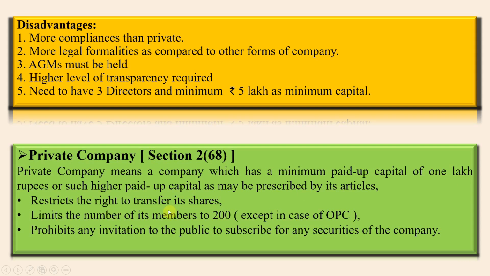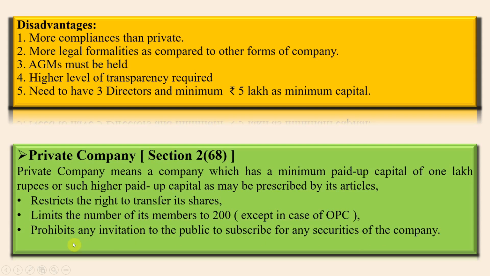Restricts the right to transfer its shares. Yes, in private company, you can't transfer the shares from one person to another, and it limits the number of its members to 200. Okay, and except in case of one person company. So number of shareholders can be only 200, but in case of public company, it is unlimited. Okay. Prohibits any invitation to the public to subscribe for any securities of the company.